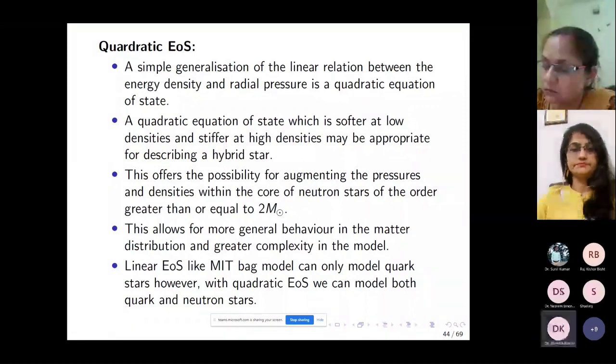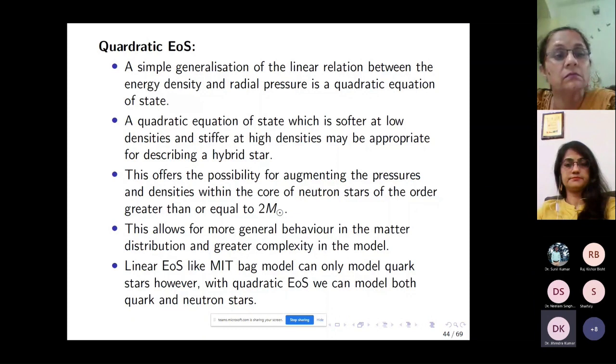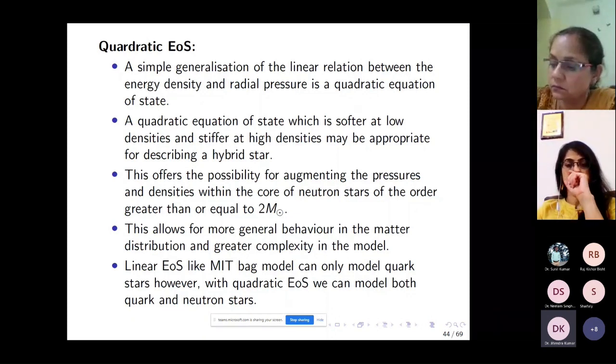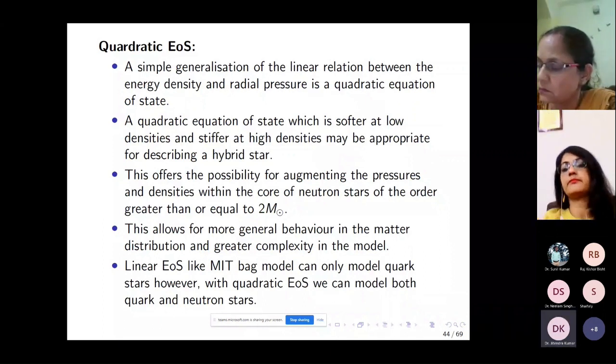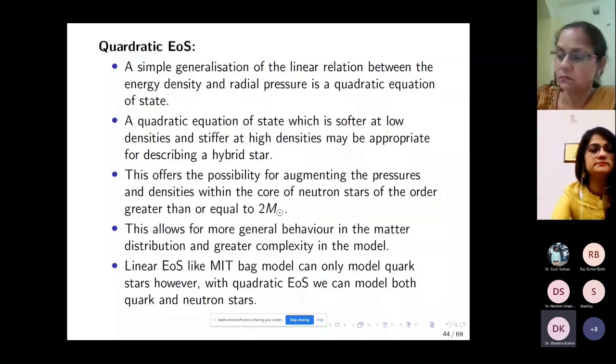A simple generalization of the linear relation between the energy density and radial pressure is a quadratic equation of state. It means that by considering the quadratic equation of state, we can think about the model in a more complex form, because in general things do not exist in linear form. Most relevant models are nonlinear, so the quadratic equation is more relevant to nature.